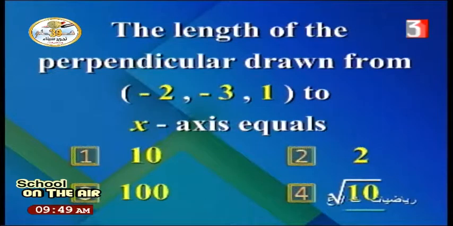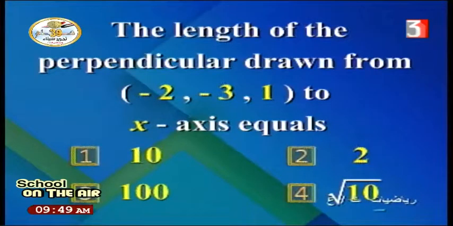Remember, my dear students, there is a difference between the length of the perpendicular drawn to the x-axis and to the xy plane. To the xy plane, the distance is 1. To the xz plane, the distance is 3 units.